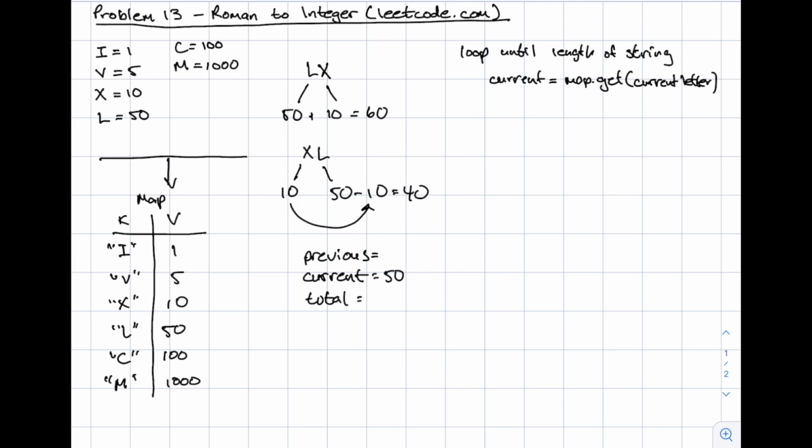Now with Roman numerals, we want to take care of the first letter as a very special case. When we're dealing with the first letter, what we want to do is set that letter's value to previous and total. So let's do that here. So if first, we then take the current.